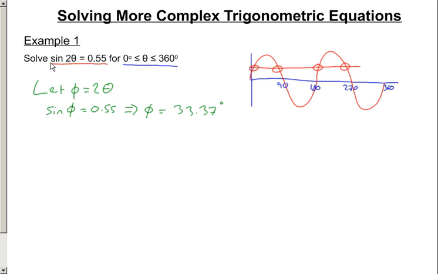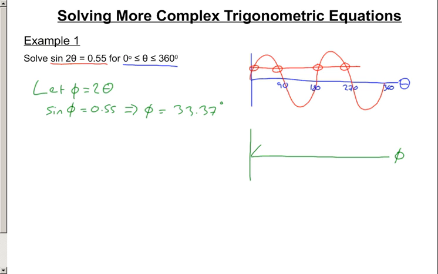But we need to be careful here, because this is sine of phi, not sine of 2 theta. Our graph above was for sine 2 theta. So we need to think, actually, what does sine of phi look like? Let's be a bit more specific here and label the axes. This one here is for theta, and this one we're going to do for phi.